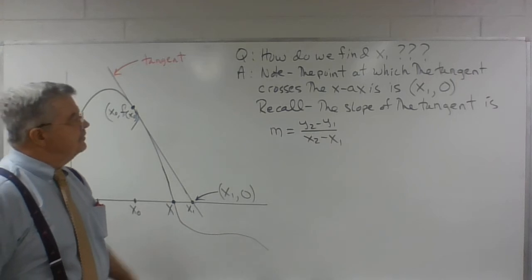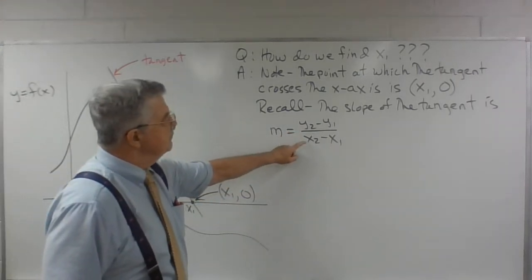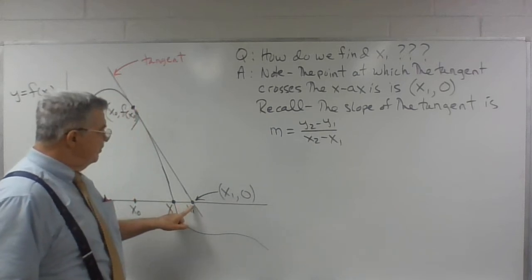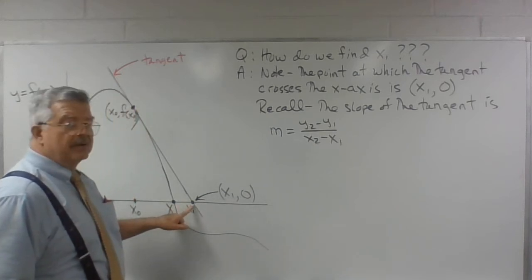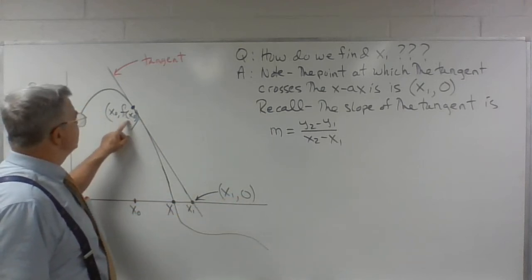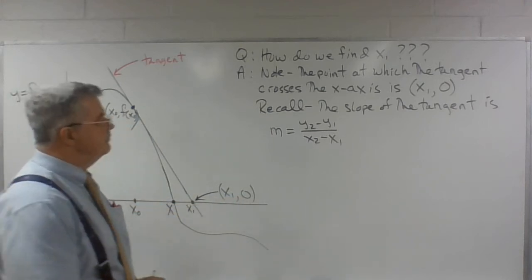In other words, the difference of the y-coordinates over the difference of the x-coordinates. We'll let this point be our second point, x2, y2. We'll let this point be our first point, x1, y1.